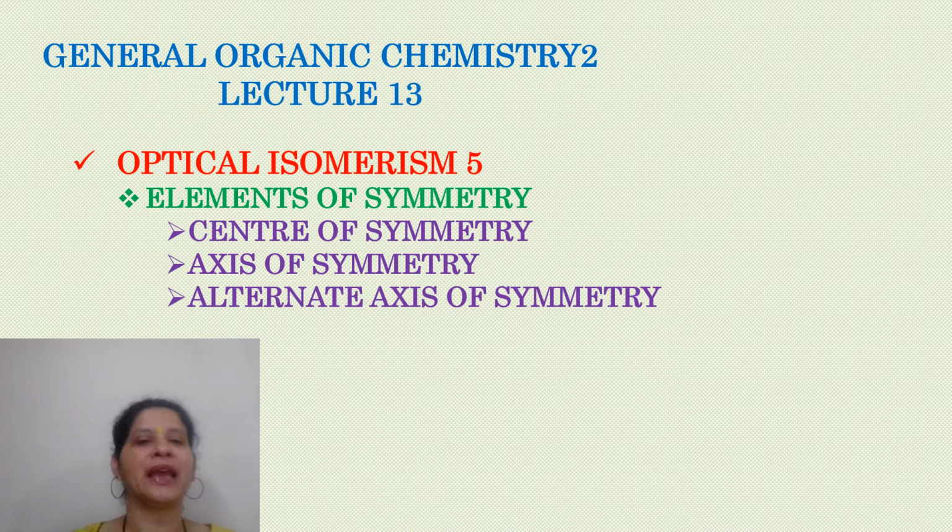Then we have the alternate axis of symmetry, and I will be telling you about this also. But for class 11th and 12th, you do not need to apply this to various molecules to find out whether a molecule will have an alternate axis of symmetry or not. For you, plane of symmetry and center of symmetry are going to be sufficient. This is all that we will be learning in this lecture.